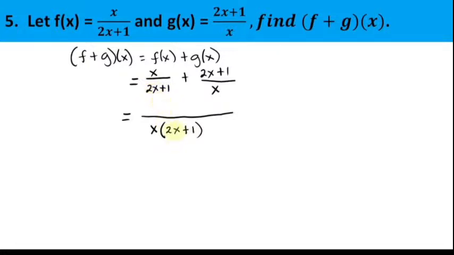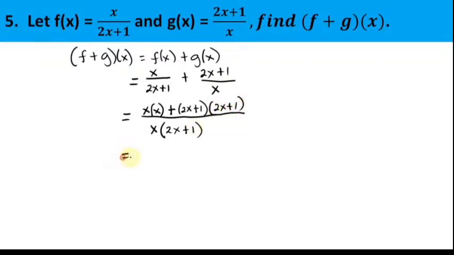The result is 2x plus 1 divided by 2x plus 1, that is 1, times x, so that is x times x, plus, x divided by x times 2x plus 1, the x is eliminated, so the remaining value is 2x plus 1 times the numerator, that is 2x plus 1.